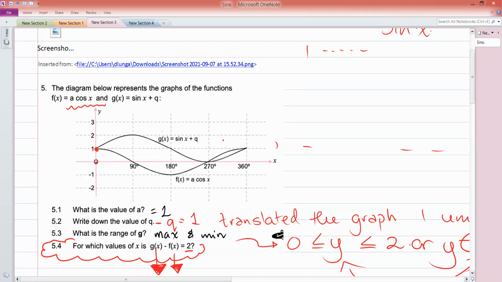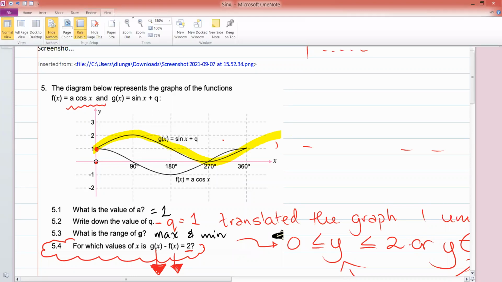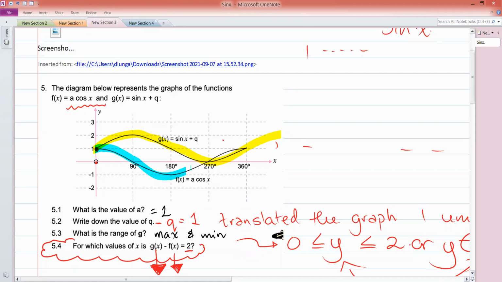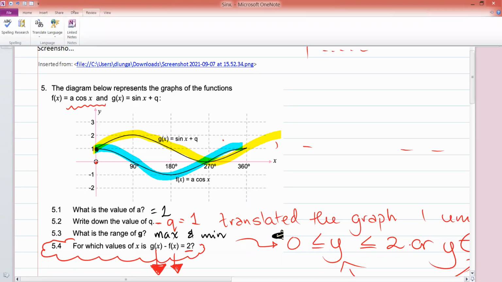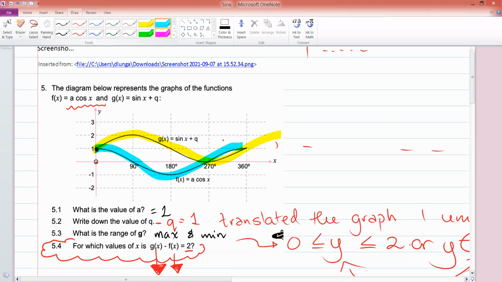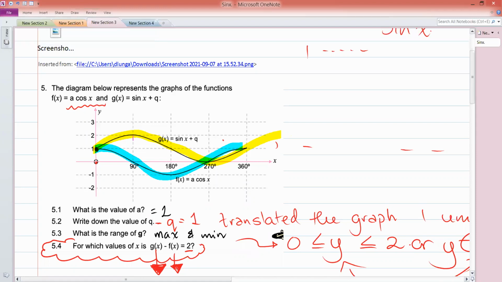So this first one here, let me highlight it. That's your G graph, and you have your F graph. Where is there a distance of 2 between them? I'm going to show you the first one, which is the easier one. Look, the distance between these 2 points here.